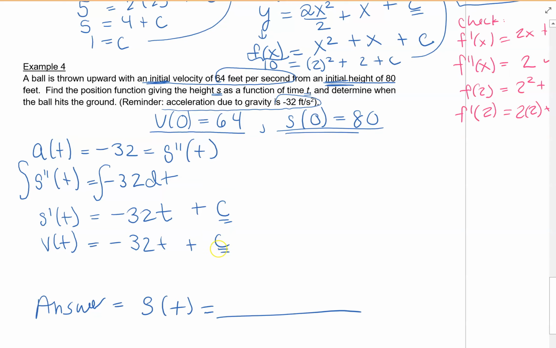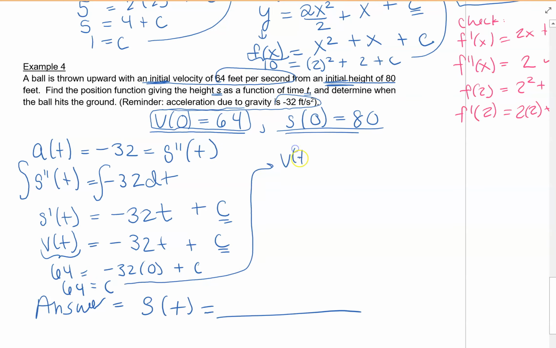But I can solve for c because I was given this initial condition for velocity earlier. So I can plug in 64 for my velocity and then 0 for my time. And that just shows me that my constant is 64. So we have velocity function of negative 32t plus 64.